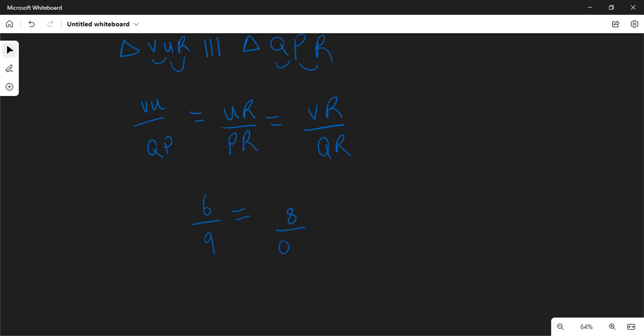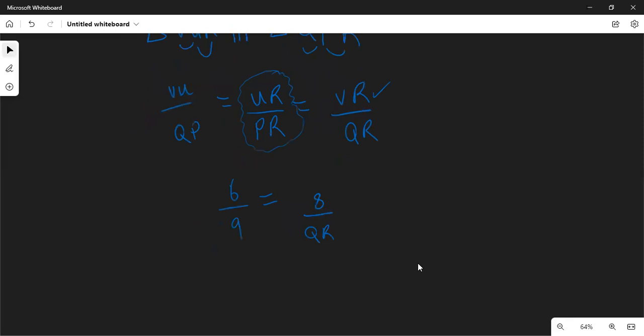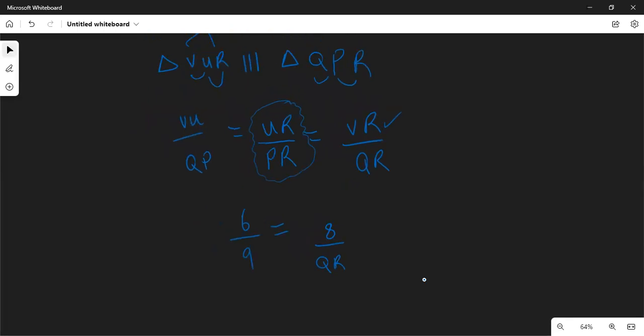Because we are given this value of VR. So this ratio, only this part that we take is enough to calculate QR. So what can we do to calculate QR? We can just play around with our formula here, which means we can even cross multiply and so forth.